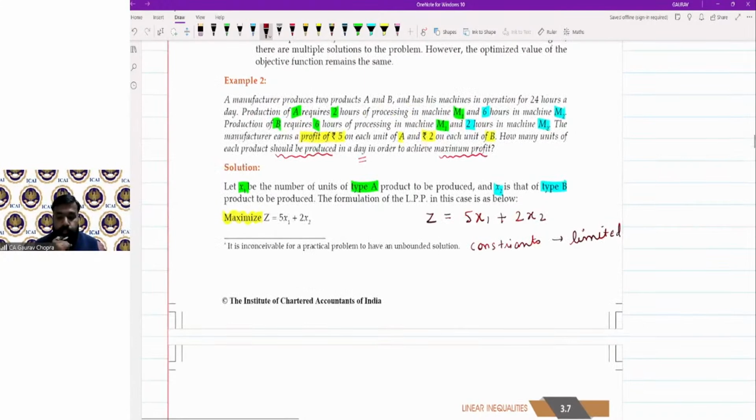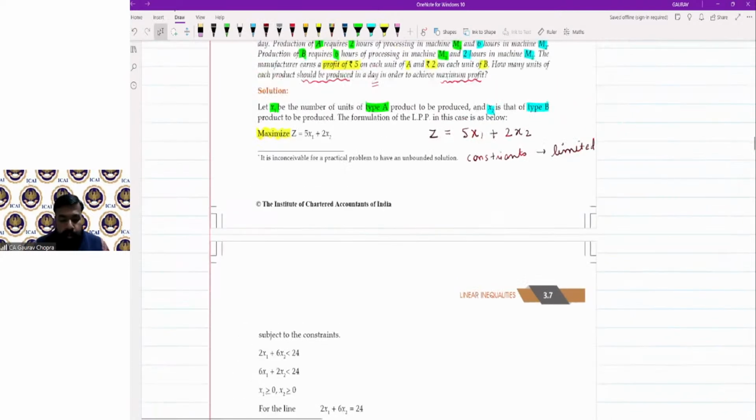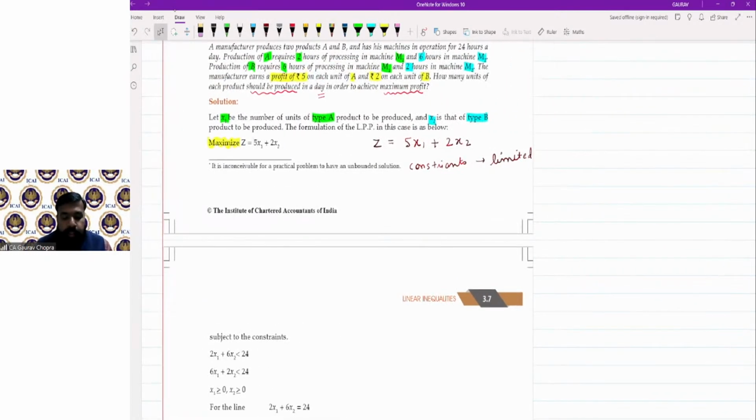Let's see. Product A को बनाने के लिए हमारे पास 2 घंटे हैं in machine 1. So we can write this here. For making product A, we require 2 hours in machine 1 and we require 6 hours in machine 2.